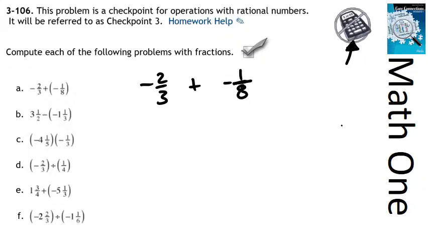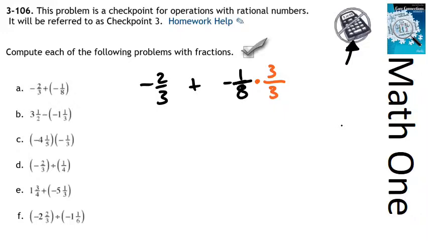So in order for these fractions to have the same denominator, I need to add some additional factors to each one. Precisely what I need to do is this fraction needs a factor of 3 in its denominator. So in order to keep it equal to negative 2/3, I'm going to multiply it by the number 1 in the form of 3 over 3.